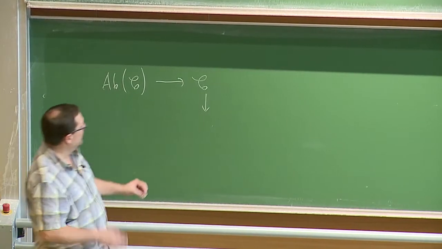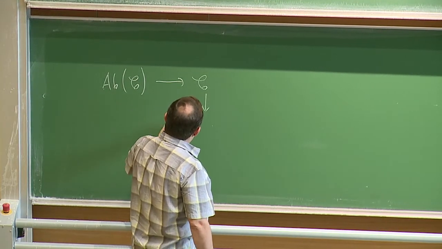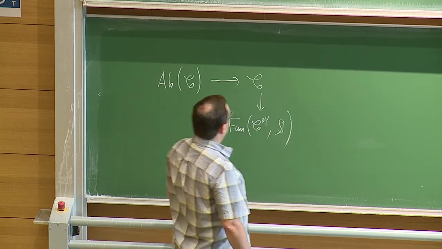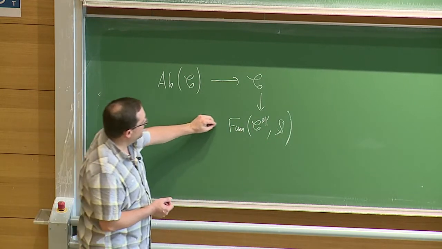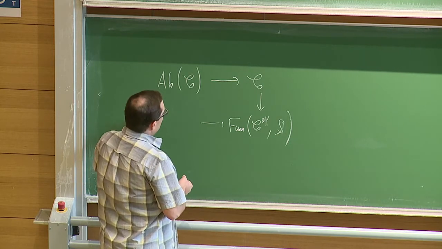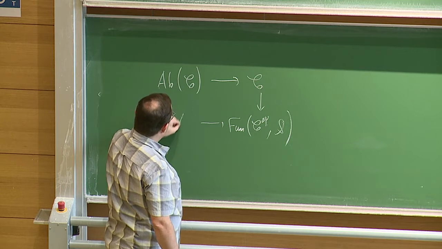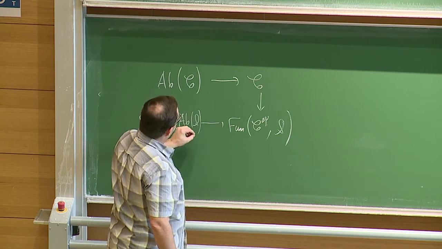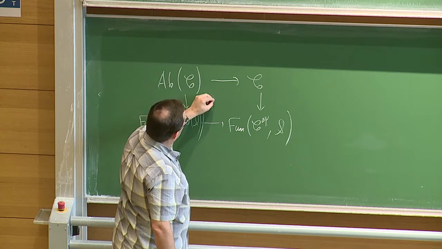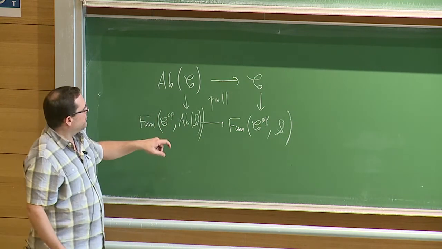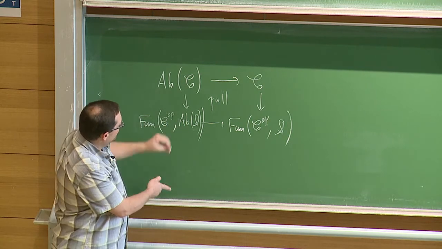C embeds into functors from C-op to spaces, and I'm going to want to enrich its functor of points to abelian group spaces. So this is what an abelian group object is, provided we know what this is.